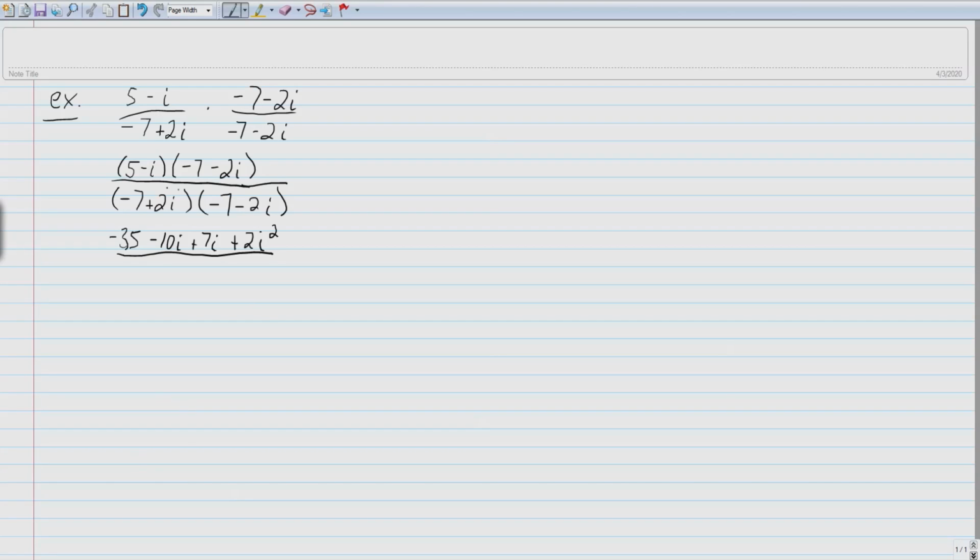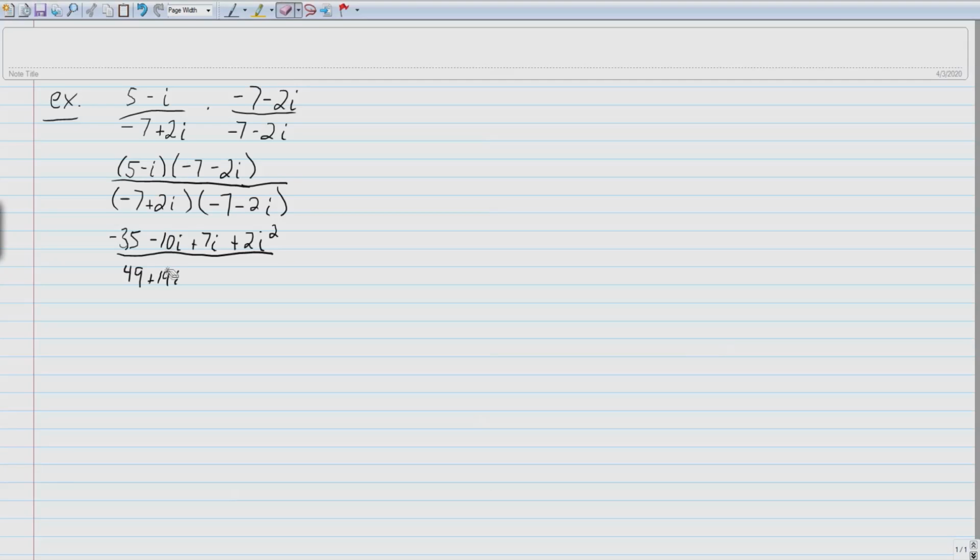And we'll simplify that after we multiply the denominator. You'd multiply negative 7 times negative 7 for the first, 49. And then the outer two, so negative 7 times negative 2i, plus 14i.